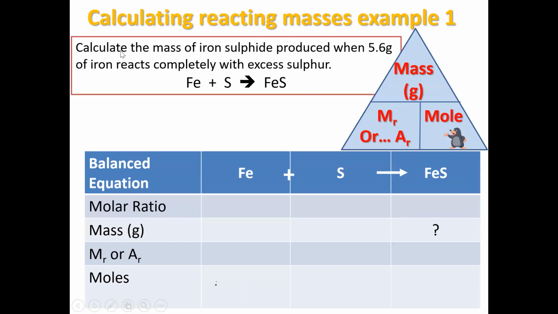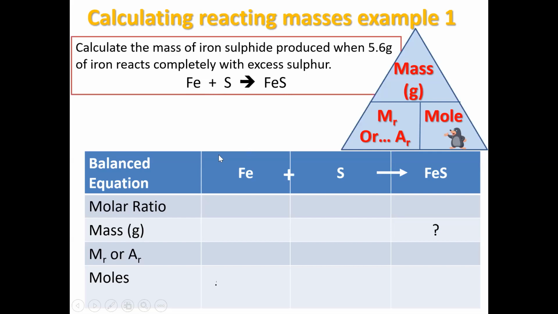It says, calculate the mass of iron sulfide produced when 5.6 grams of iron completely reacts with excess sulfur. You can see that you've got your balanced equation there. I've already balanced that for you. You've got 1 atom of iron here, 1 atom of iron here, 1 atom of sulfur here, 1 atom of sulfur here. So you can see that equation is already balanced.